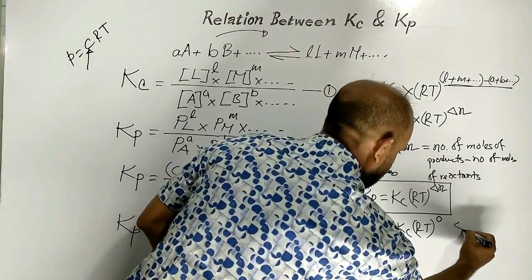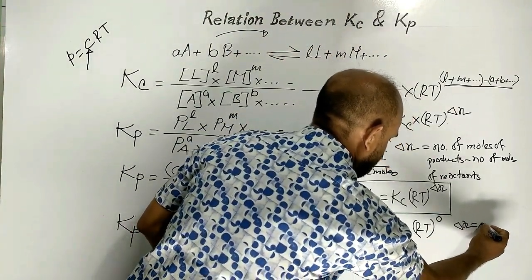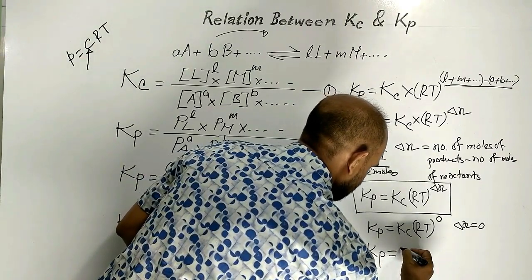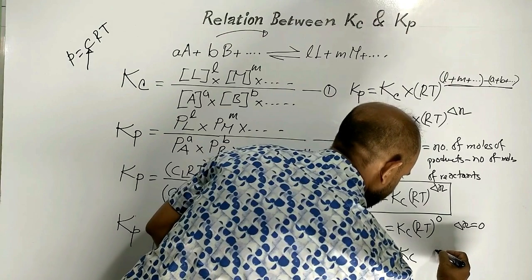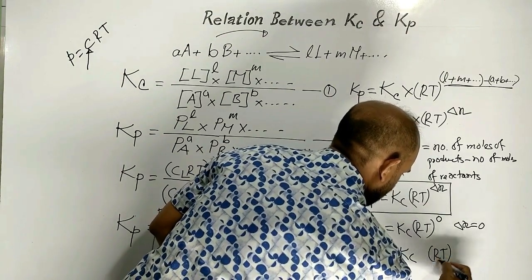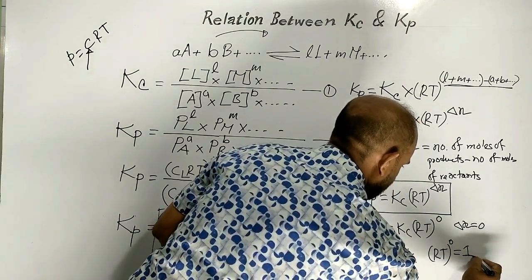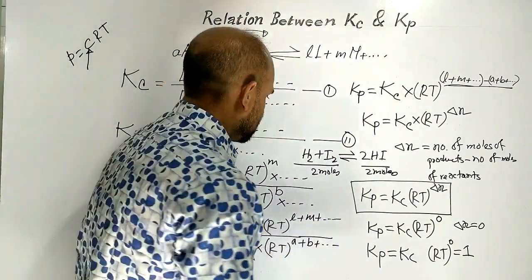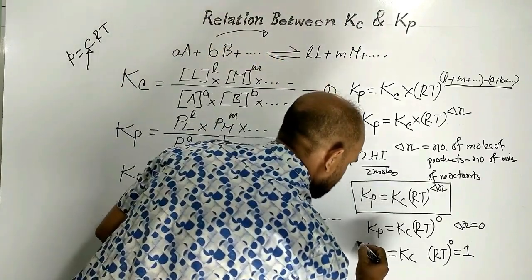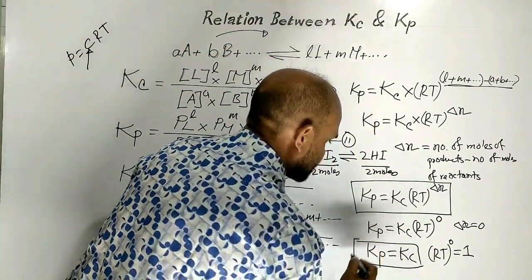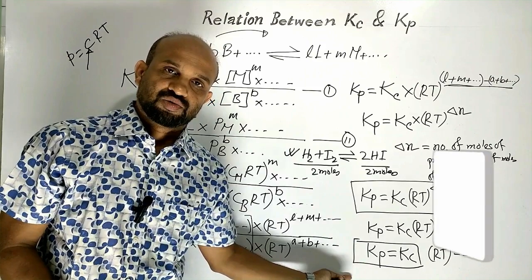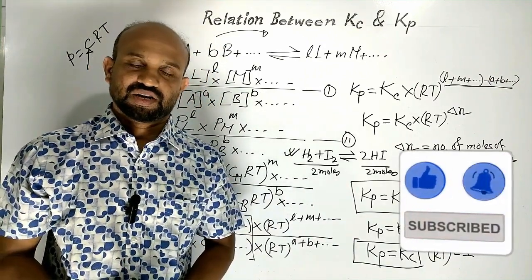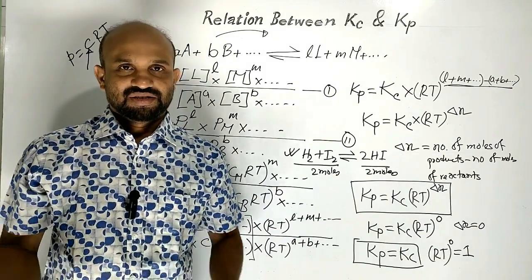That is, here delta n is equal to 0. Then we get Kp is equal to Kc, because RT to the power 0 is equal to 1. So in these cases, Kp is equal to Kc. This is all about the relation between Kp and Kc. Today, thank you very much.